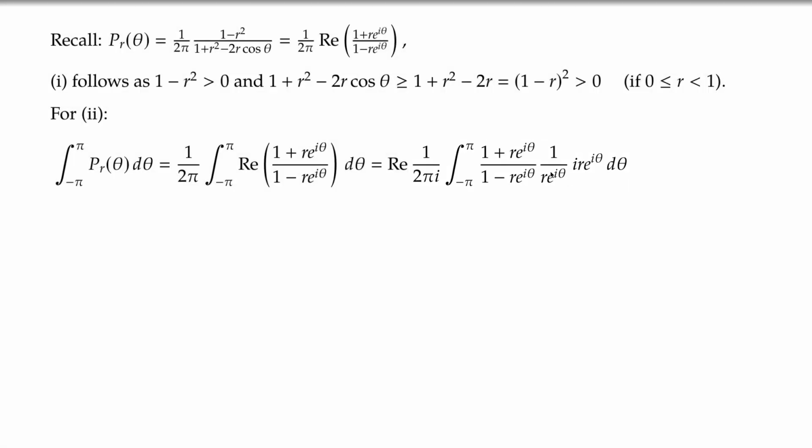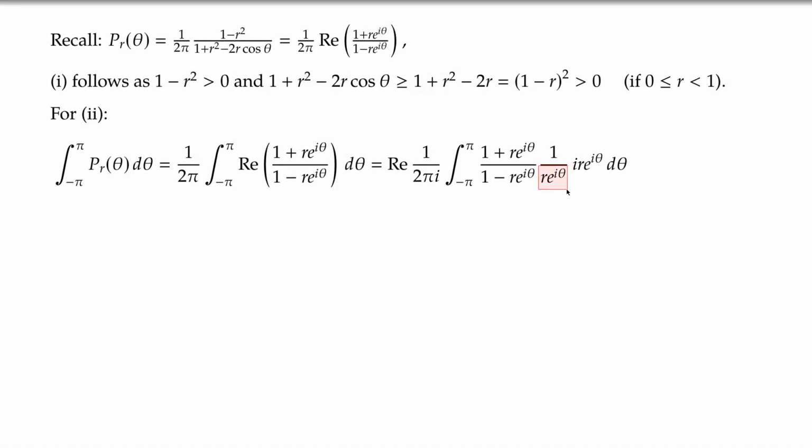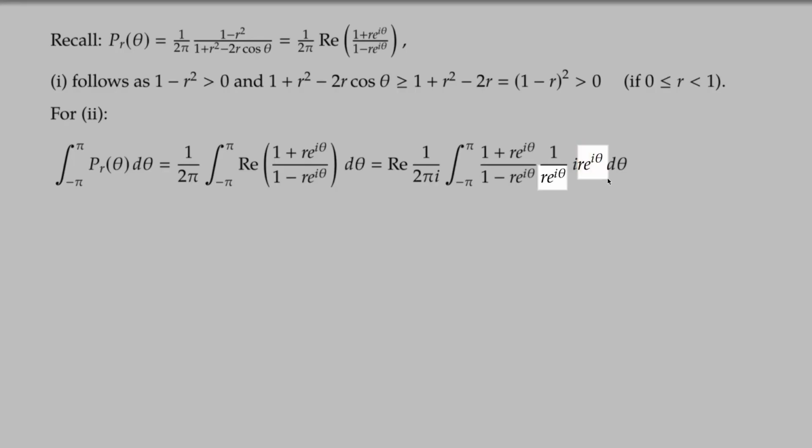And over here, I've added an i over here and an i over here, and then r e to the i theta over here.